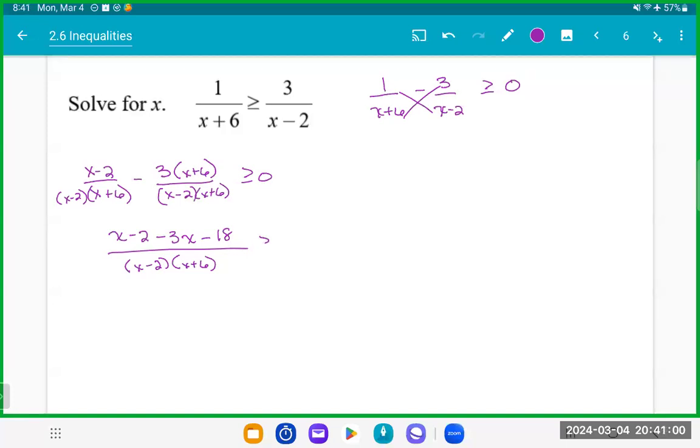Okay, and all of that greater than or equal to 0. So we get common terms up in the numerator. So we have a negative 2x minus 20 divided by x minus 2, x plus 6, greater than or equal to 0.